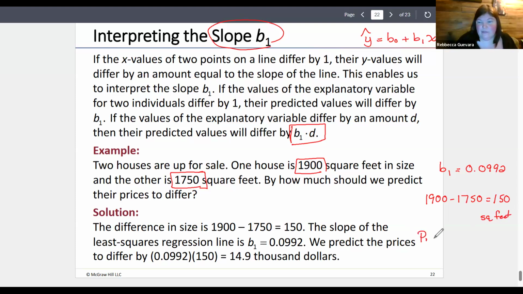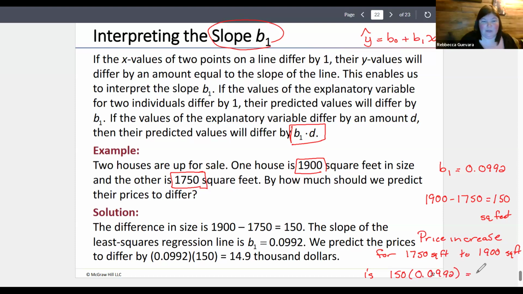So my price increase from being at 1,750 square feet to 1,900 square feet is going to be that 150 square feet times that slope of 0.0992, which is going to come out to approximately $14.9 thousand.